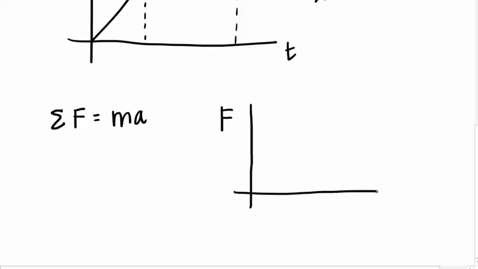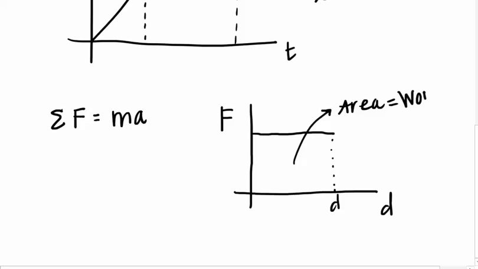Do you remember what you get when you have a force that's acting on an object for a particular distance? Work. And so the area under that graph was the work done by that force. And work causes a change in energy, so work and energy are synonymous.